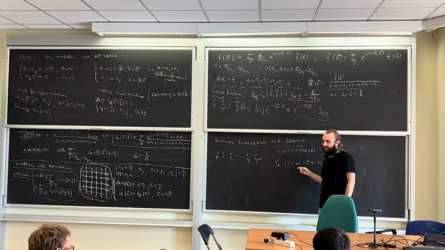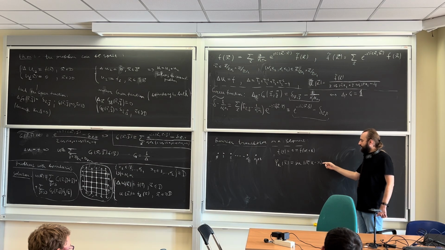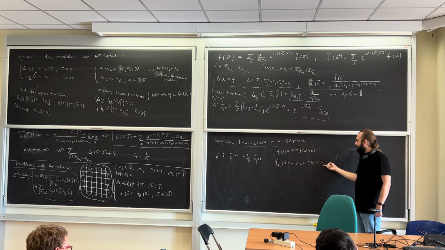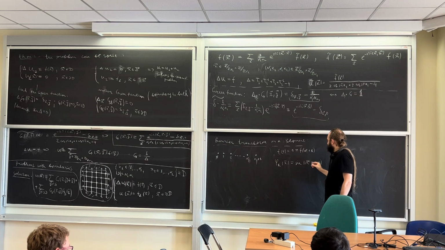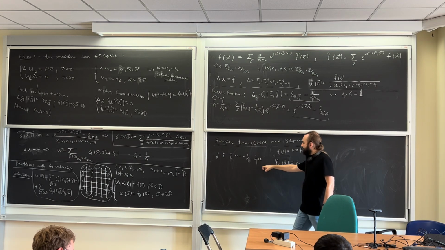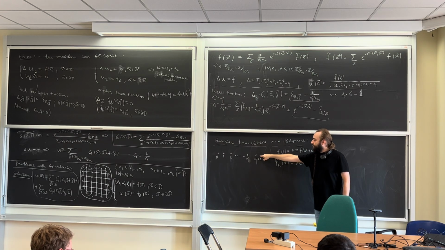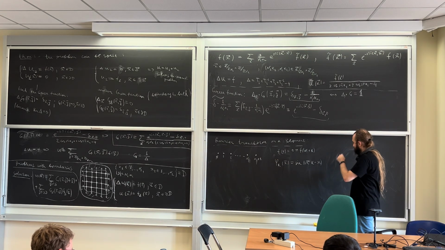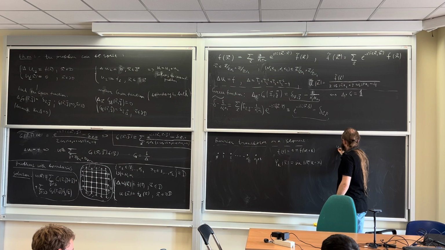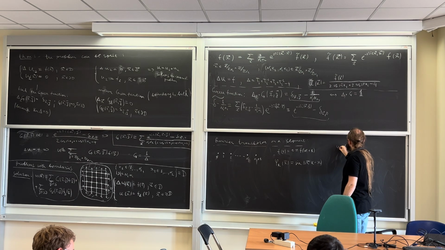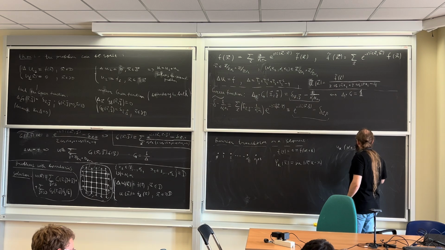Now, let us check this carefully. So when x equals 0, this phi k of x is 0. It is fine. But we should also satisfy another boundary condition. We should have phi k of n plus 1 equals 0.